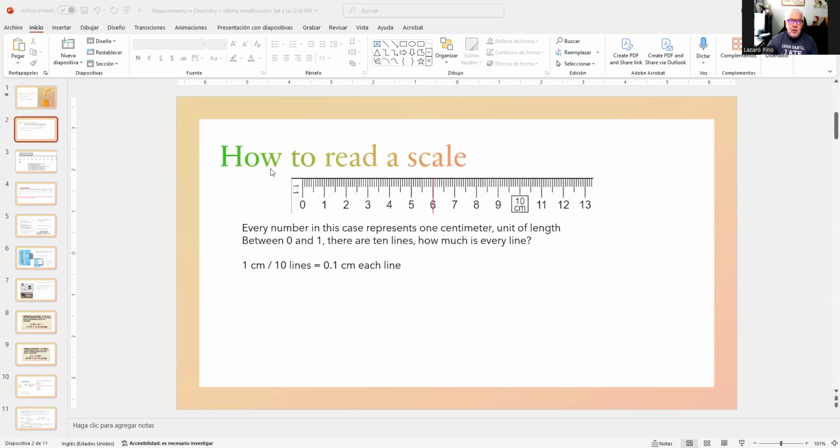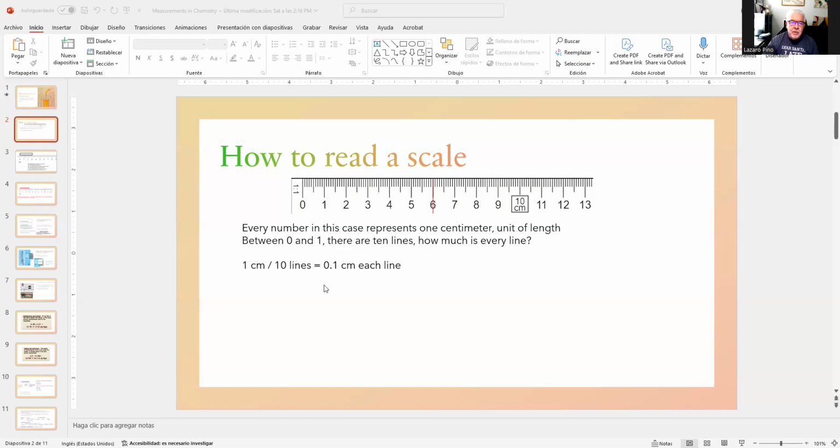First of all, how to read a scale. Look at this. This is a ruler. Every big line represents 1 centimeter. But between, for example, 0 and 1, you have 10 lines. How much is every line?